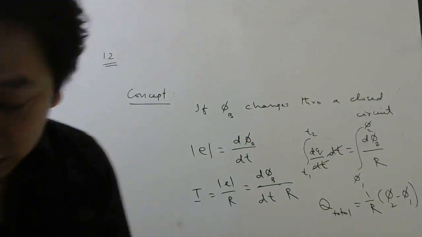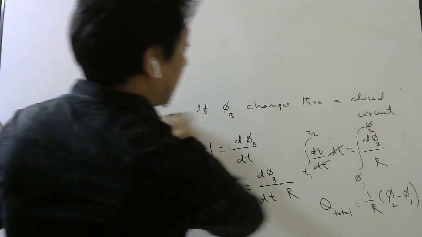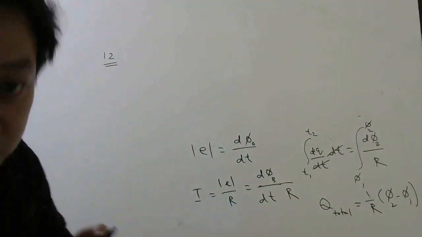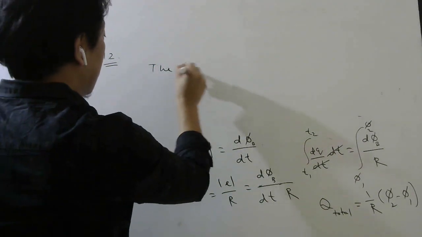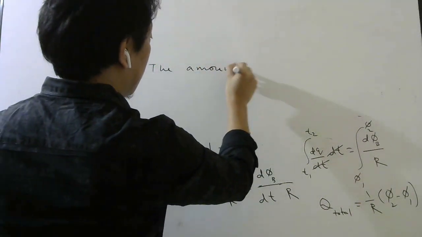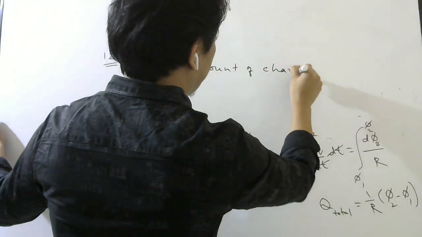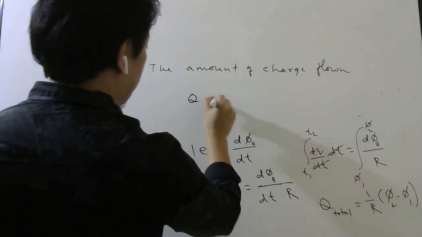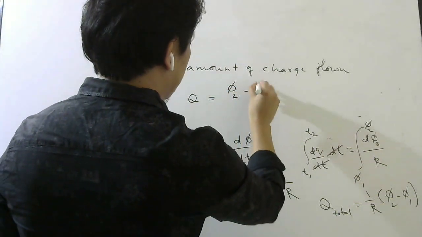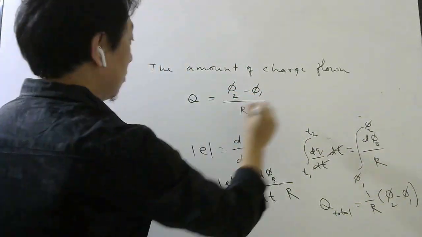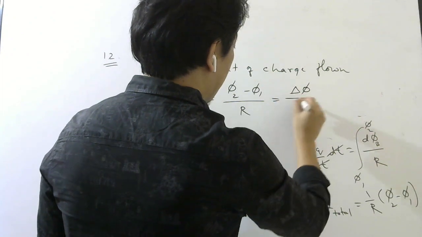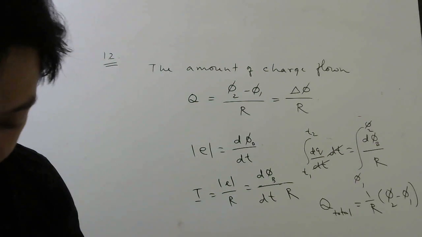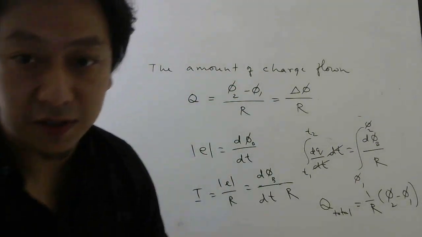So one very important concept is, when flux changes through a closed circuit, the amount of charge flown is given by change in flux divided by resistance, or you can write delta phi by R. So try to remember this shortcut formula, very useful, because every time you can't do this derivation, right?